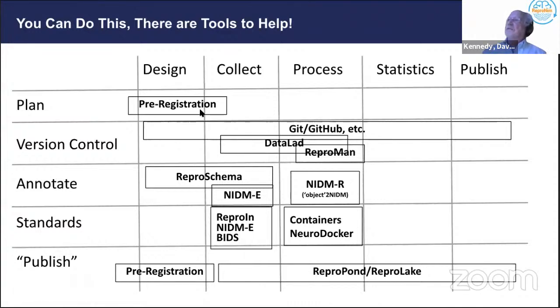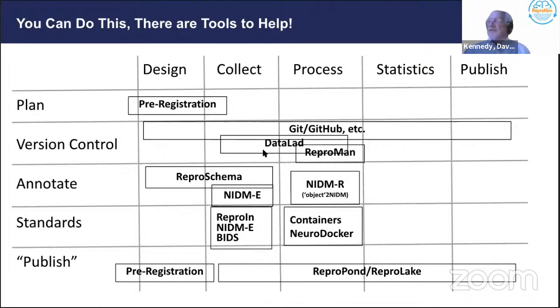So again, I was trying to flesh out here that there are a lot of tools, some that ReproNim is working on, and some that have existed, that try to help navigate this and give you tools to do a better job. Version control is kind of easy-ish. Git, GitHub, other version control systems are prevalent and really need to be considered.